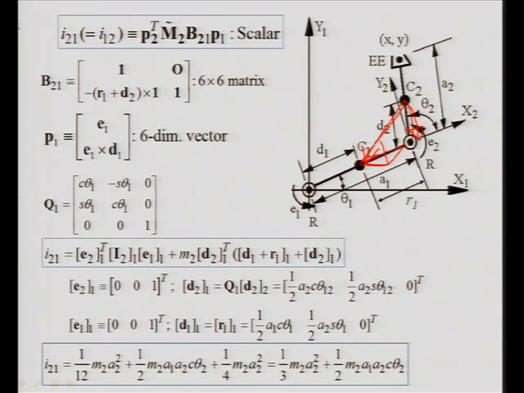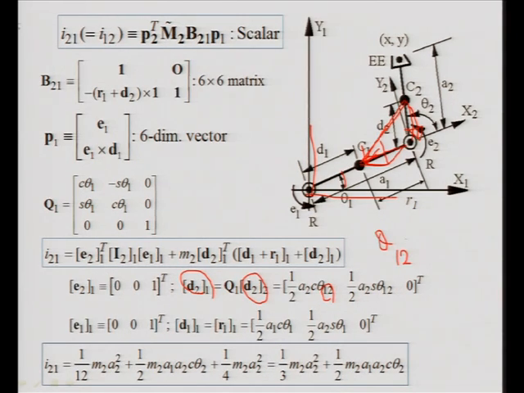So, again we write them in appropriate frames and then build up the equations. D2 we have done, but D2 earlier we saw in its own frame, and now we are converting it to the first frame, and that is why instead of theta 2, theta 12 comes, because I want to write in this frame now. So, this angle has to be taken into account. Theta 12 means theta 1 plus theta 2.